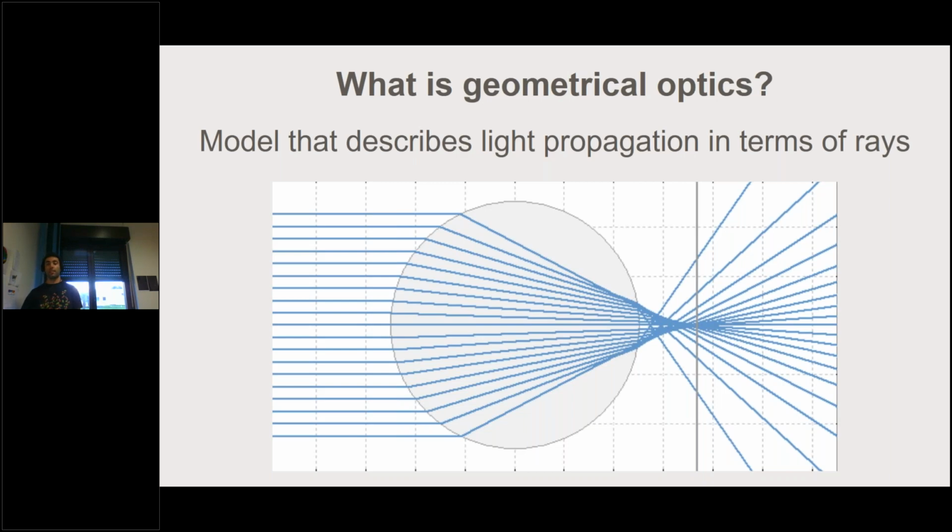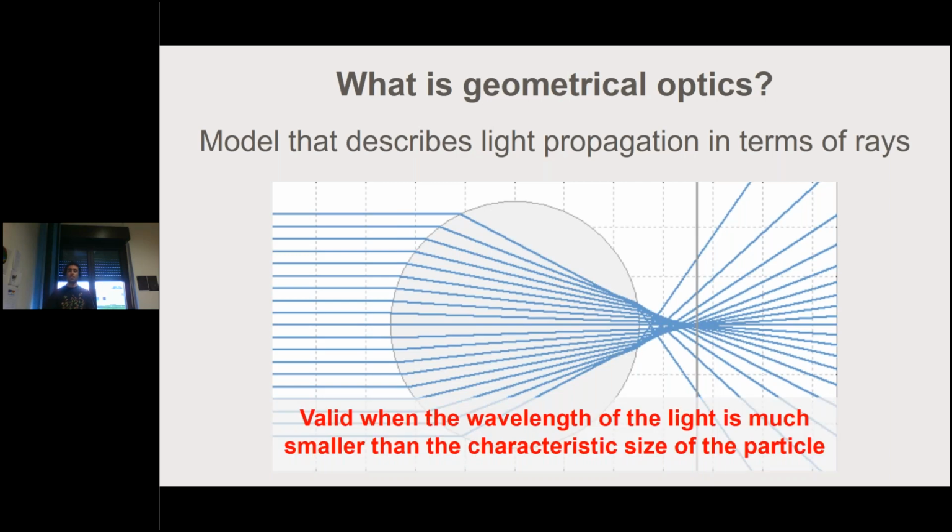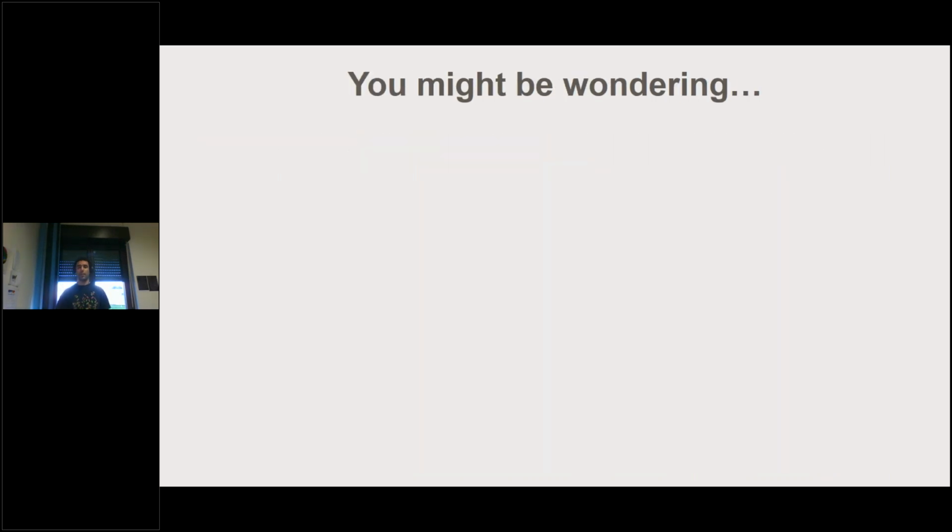And by applying the laws of refraction, for example, we can calculate the orientation of the ray after interacting with a surface. This is valid when the particles are much bigger than the wavelength we are using. If we go to particles that are much smaller or comparable with the wavelength, then the scattering problem is different, and we need to use different approaches. We cannot use geometrical optics anymore.